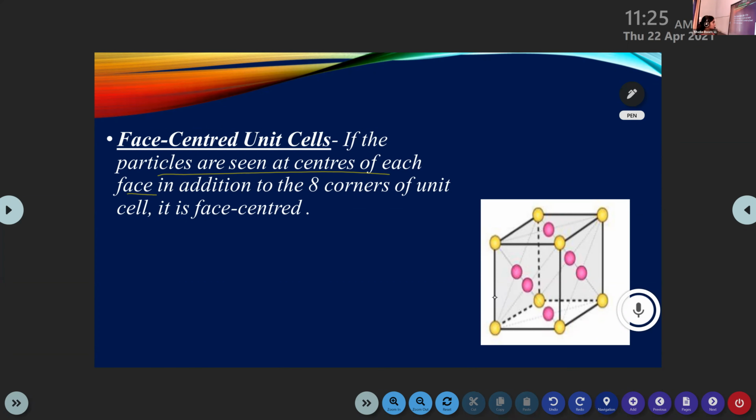Here face-centered unit cell means particles are seen at the center of each face. This pink colored particle is at the center of each face. Along with that, 8 corners are occupied by this particle. It is known as face-centered unit cell. If the particles are seen at the centers of each face in addition to the 8 corners of the unit cell, it is face-centered.